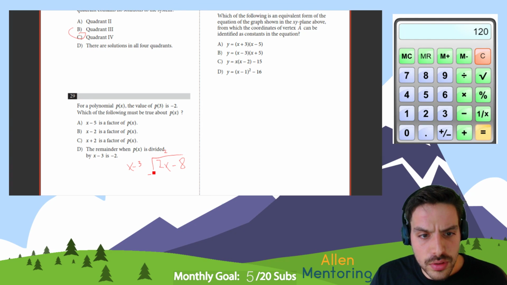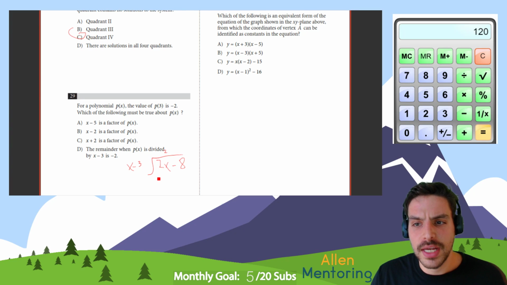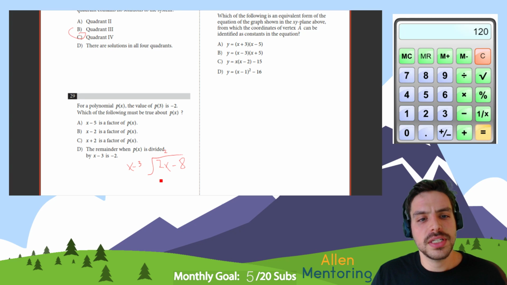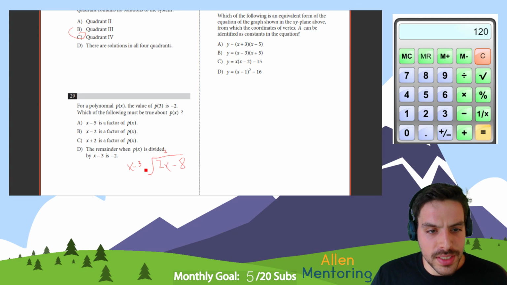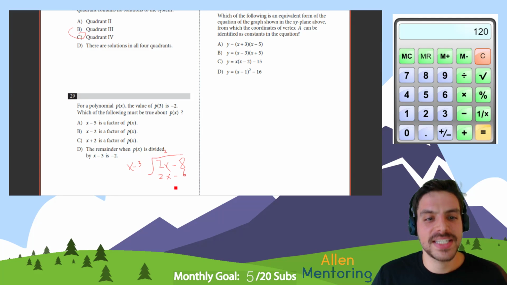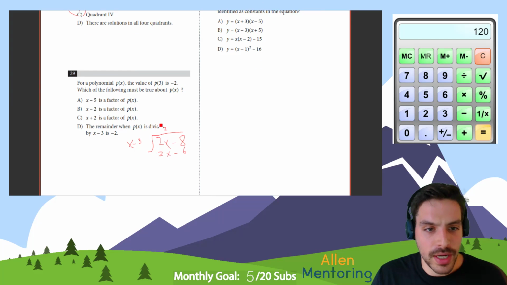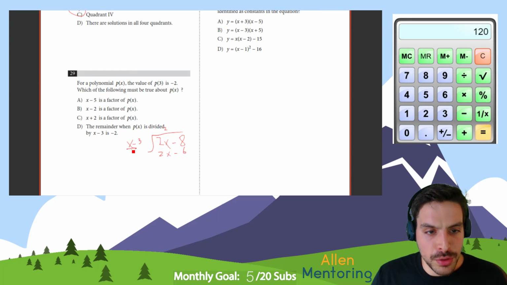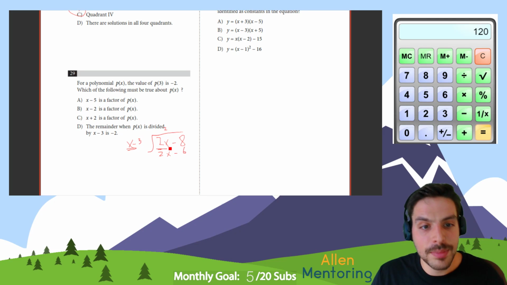Yep, so I'm dividing 2x minus 8 by x minus 3. Okay, and we see that when you do this, you multiply 2 times x minus 3, and you get 2x minus 6 here. Again, when you divide polynomials, you take the leading term, and we see that x goes into 2x 2 times.